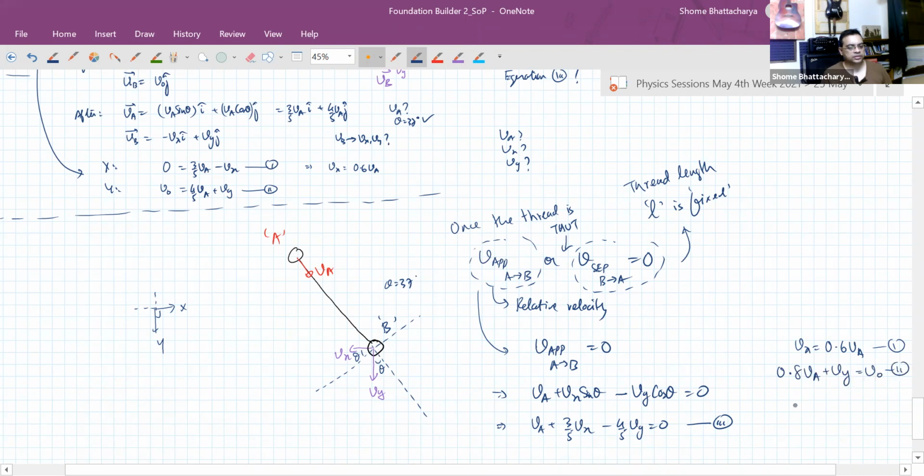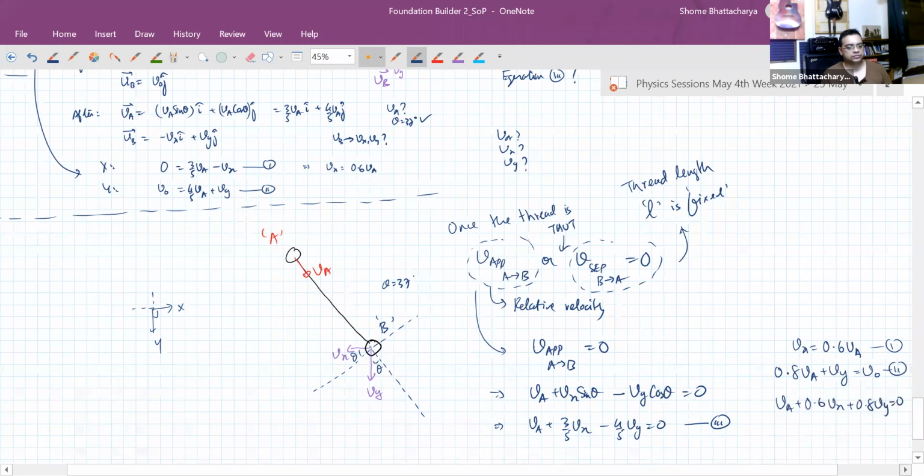And the third equation now is telling us that VA plus 0.6 Vx plus 0.8 Vy is equal to 0.